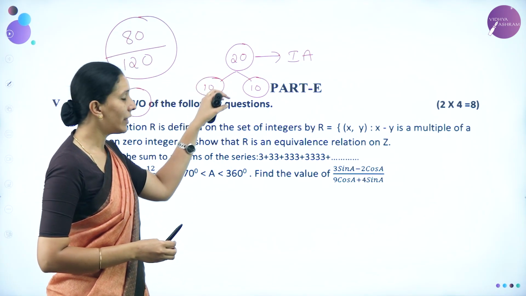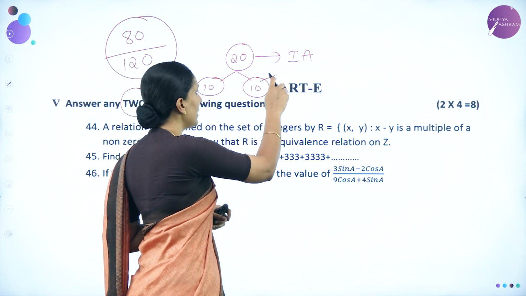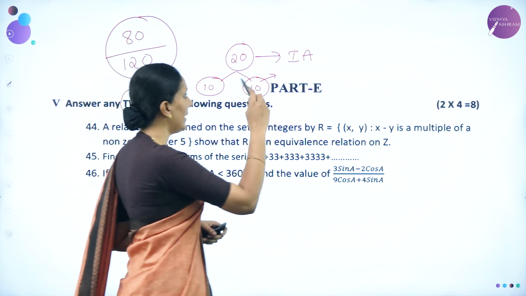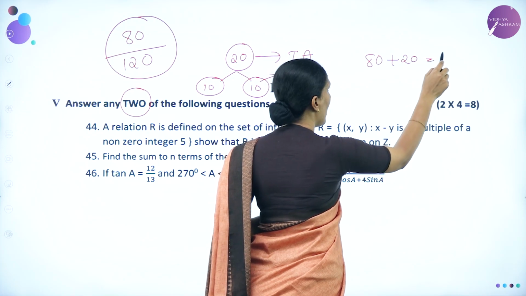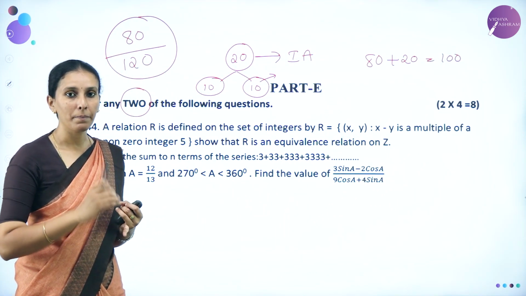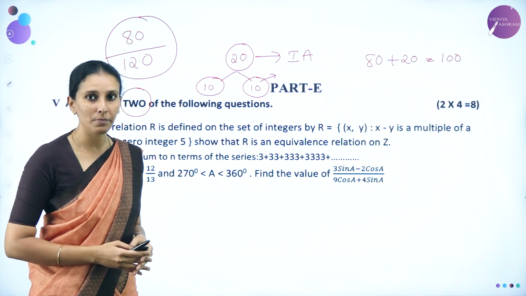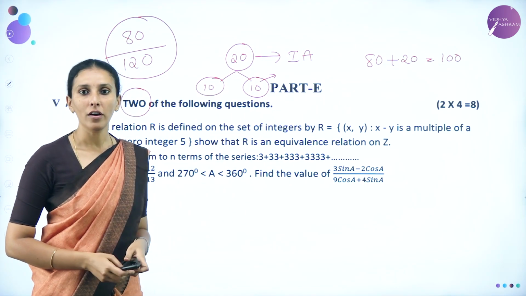They'll take the averages of your test and midterm marks. The other 10 is for assignments and project work. So overall, the entire basic mathematics is calculated for 100 marks. 80 marks for the theory paper, that is the annual examination, and 20 as internal assessment. So in total, the whole paper is for 100 marks.